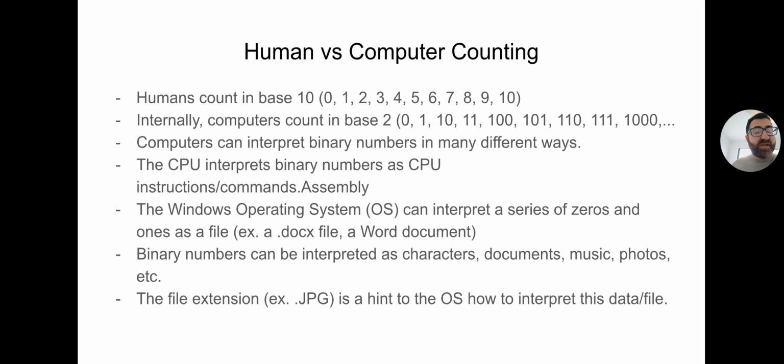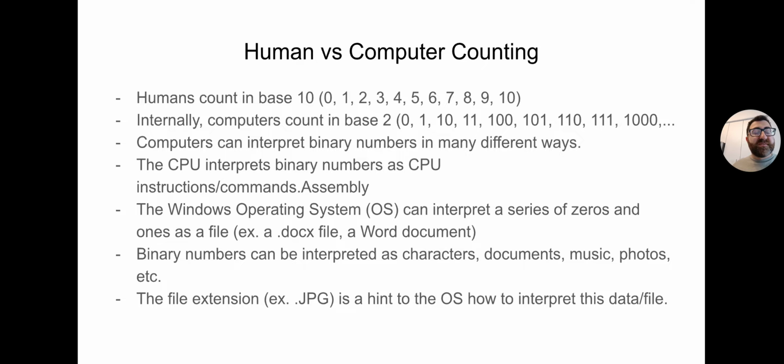But basically, all of these files, whether it's a JPEG photo or a Word document or a video, to the computer, they're just series of zeros and ones. Many, many zeros and ones, sometimes billions of zeros and ones, where a billion is a gigabyte. Giga is billion.